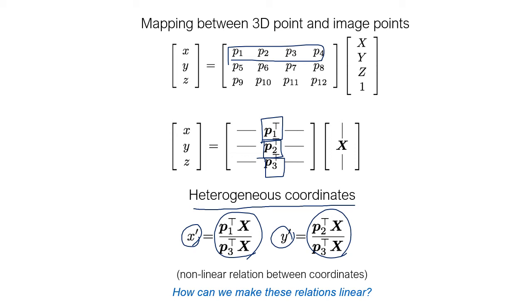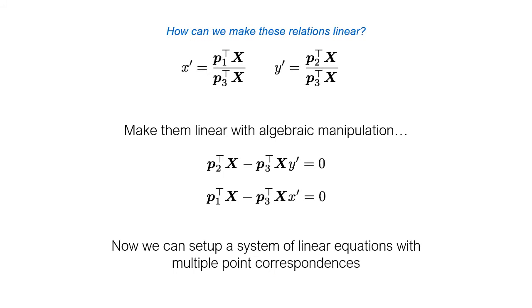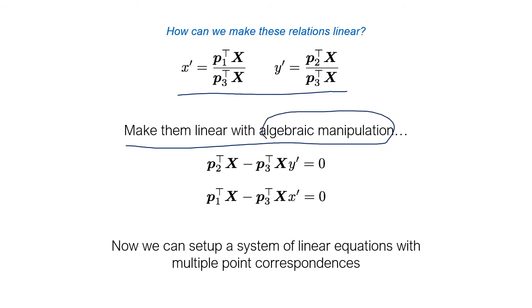So how can we make these relations linear? Because a linear equation can be solved more easily and more directly. In most cases, we prefer linear equations instead of non-linear equations. This is a non-linear equation, as you can see, but we can make it linear with algebraic manipulation.